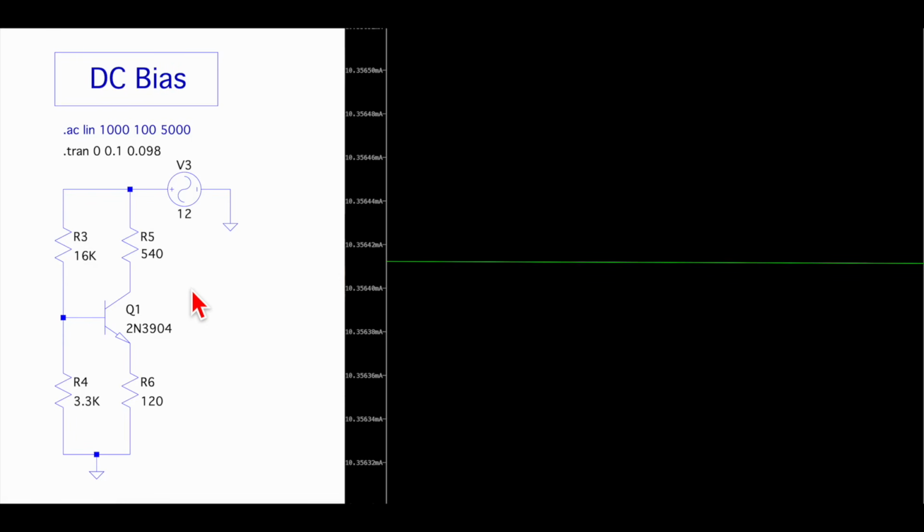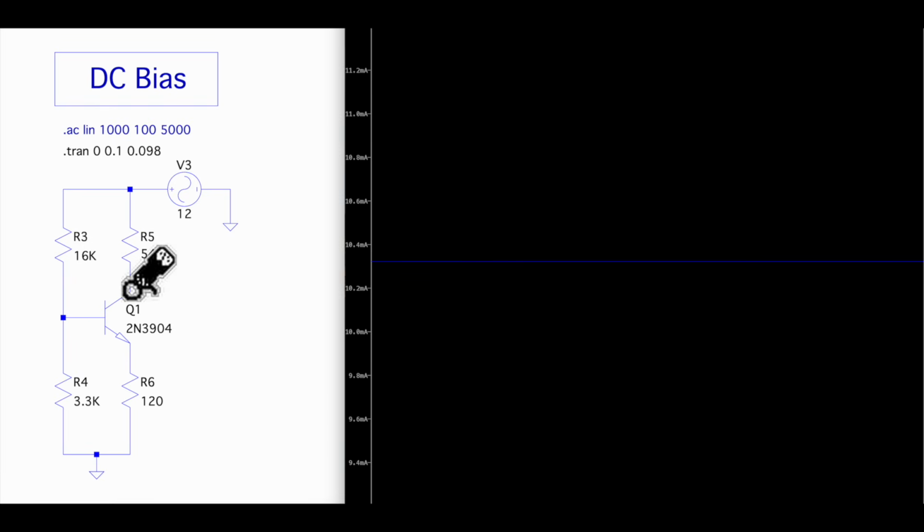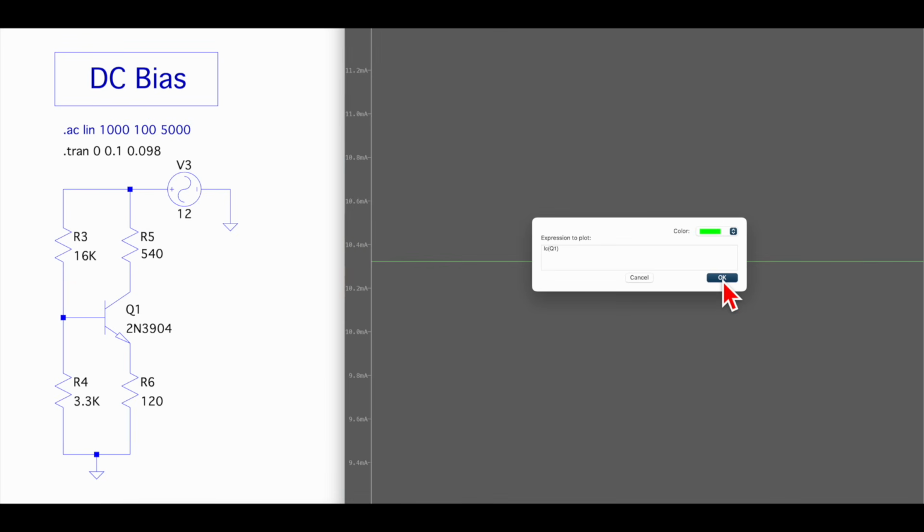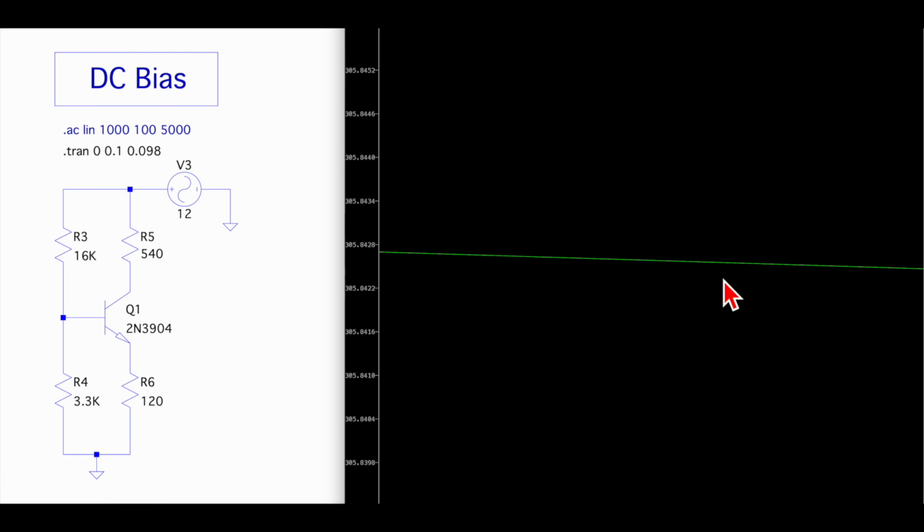But if we look at the LTSpice model for the 2N3904, and we take the collector current and divide that by IB of Q1, the base current, that gives us a beta of 305. That's a lot more, nearly twice as much as we were bargaining on.